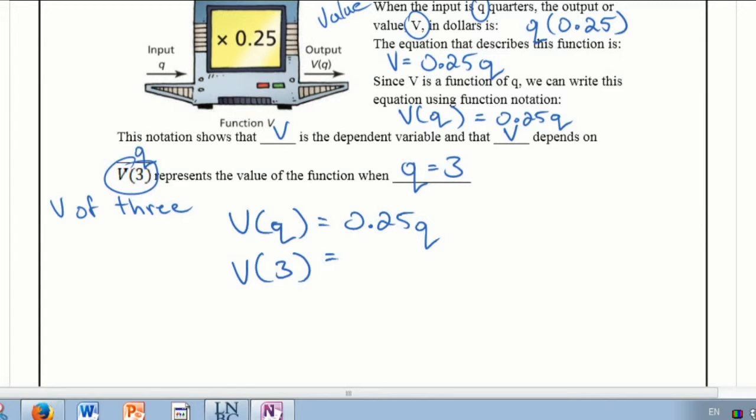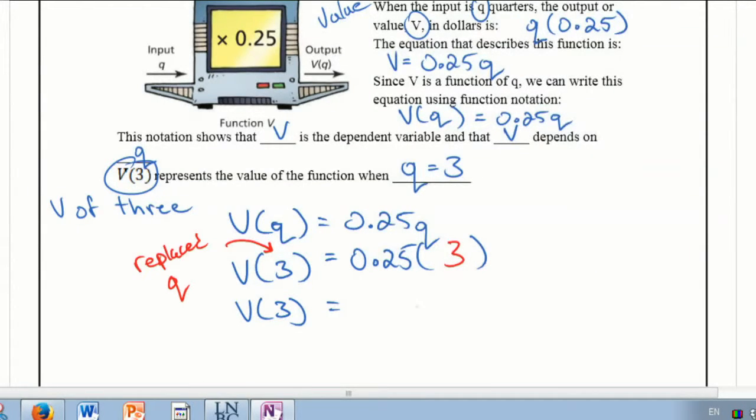This 3 is replacing Q. If I have 0.25 times Q, I'm not interested in the equation now. I'm interested in putting in 3 right into this equation. Everywhere there's a Q in the equation, the 3 replaces it. So the value of 3 quarters is equal to 0.25 times 3, or 0.75.